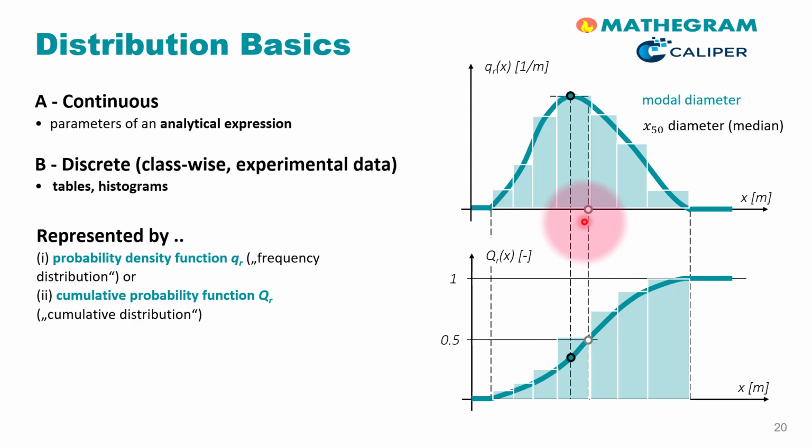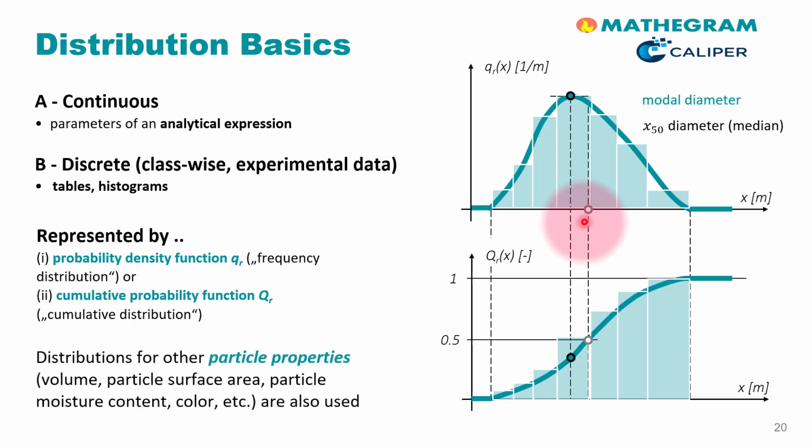This is already it. I would like to close this discussion of this slide by noting that distributions are not exclusive for size of particles, but can also be associated with any other particle property as well.